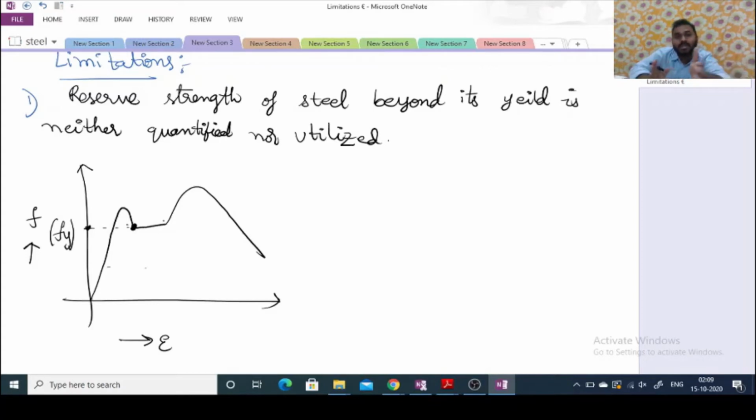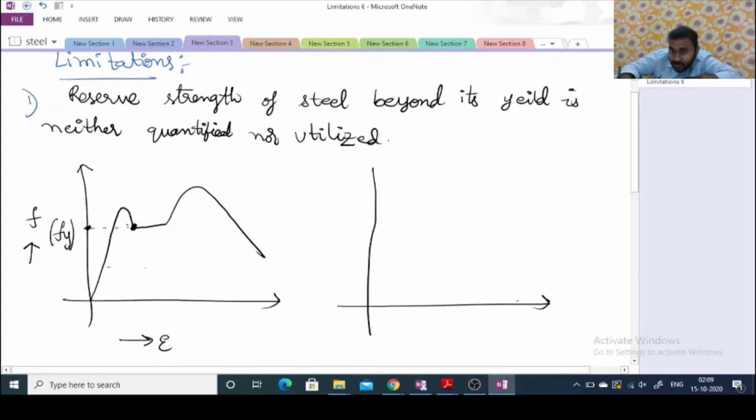After this graph, let us see what graph is used in the working stress method. This is the generalized stress strain curve for mild steel. Now let us see the stress strain curve of steel that is used in the working stress method. What is the main basis for the working stress method? That is linear elastic theory.